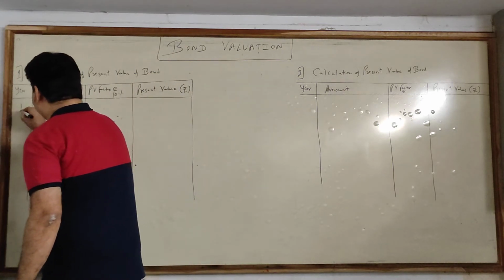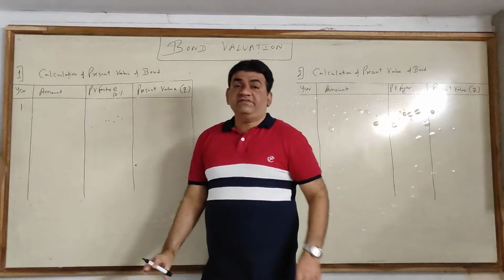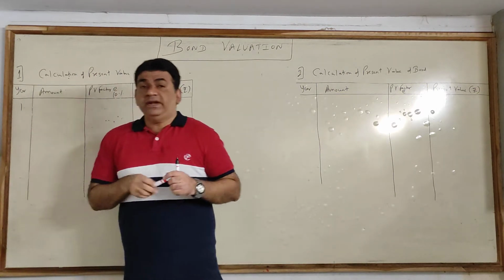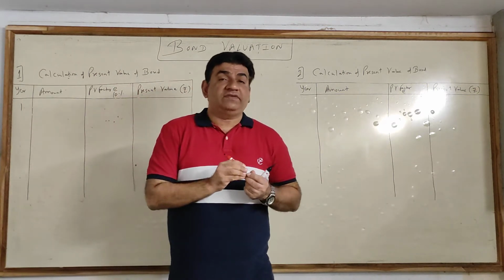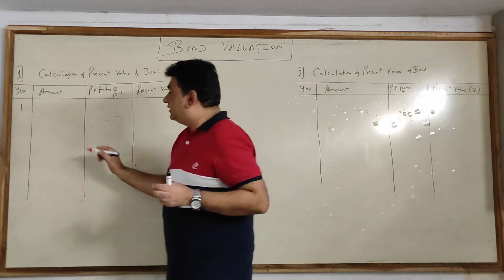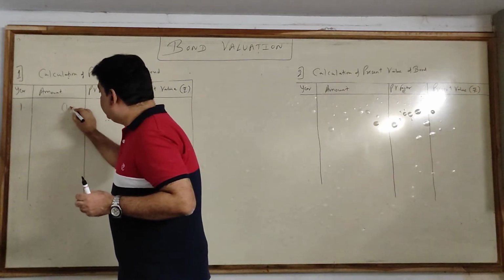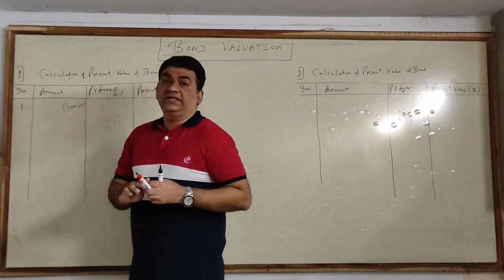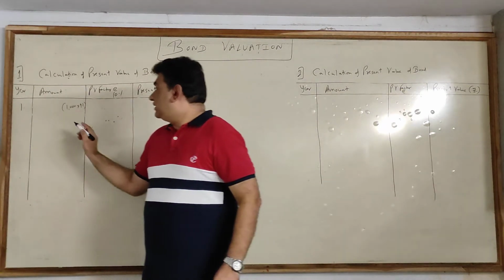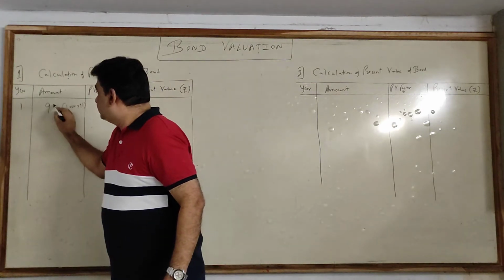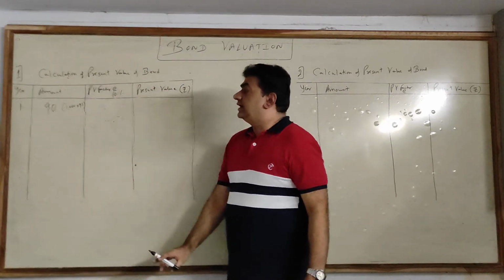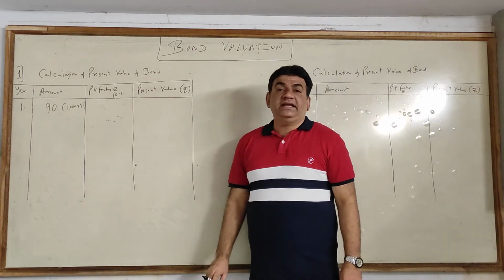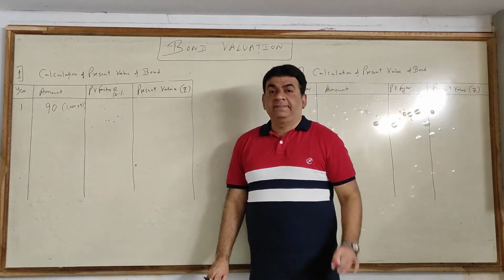Year 1, my investment is 1000 rupees. What is the coupon rate? Coupon rate means the rate of interest. So on this 1000, I will get 9% interest. 1000 ka 9% will give me 90 rupees. So in the first year I will get interest of 90.